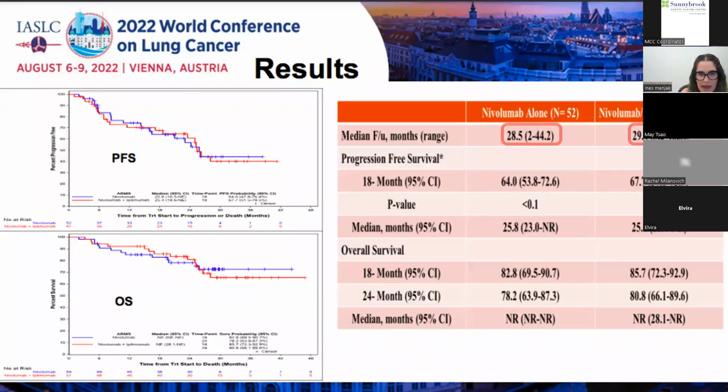The results show there is no difference between nivolumab alone or nivolumab and ipilimumab as an option for consolidative immunotherapy.